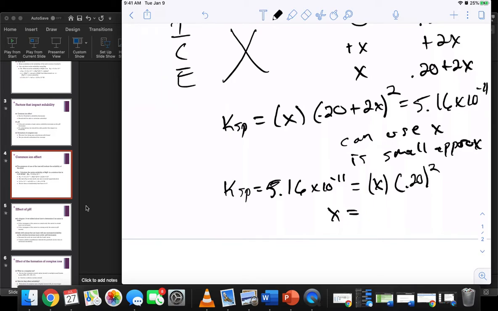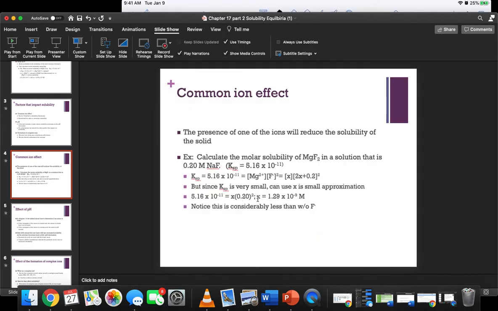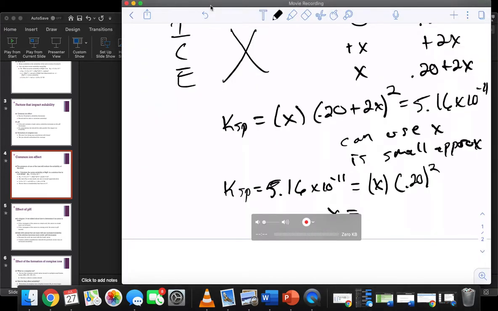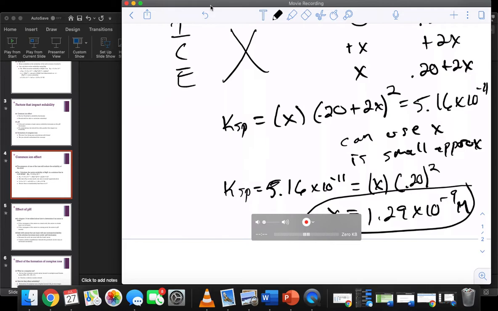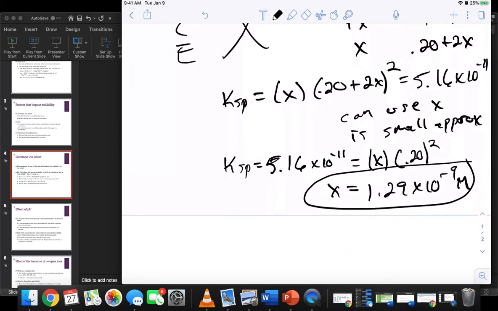And now when I solve for my x value, I'm going to just cheat and get it from the slide, 1.29 times 10 to the minus 9. So in these first two examples, I've basically found the molar solubility for the same compound, one in plain normal water and one that had some fluoride ions already there.